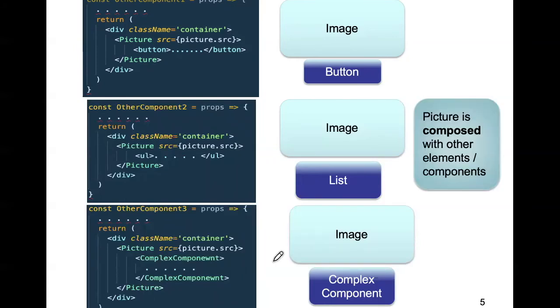What we would say is that the picture is being composed at runtime with other elements that are being provided by the consumer. Hence, we have composition going on here. Remember at the very beginning, I talked about composition versus inheritance. Here we have an illustration of composition happening and we're using the container pattern to illustrate composition.